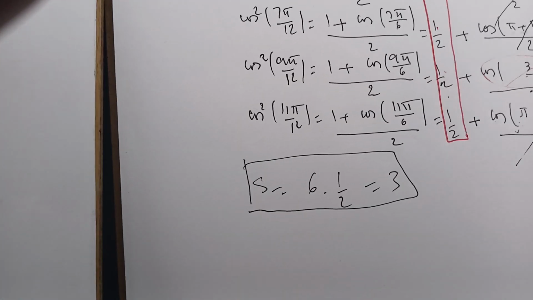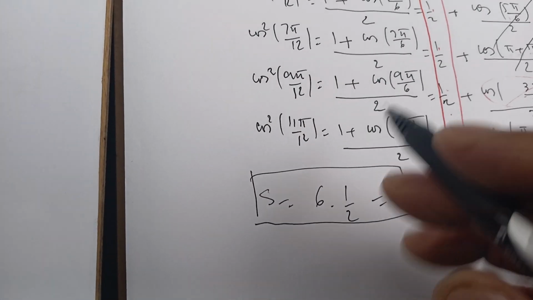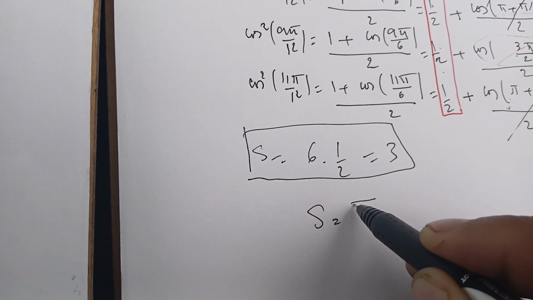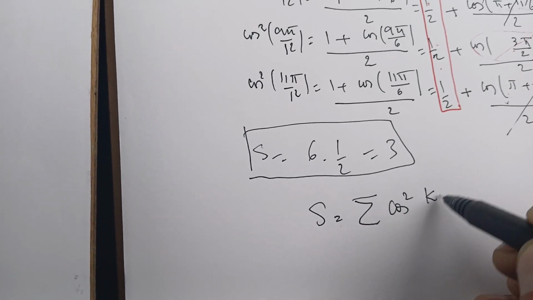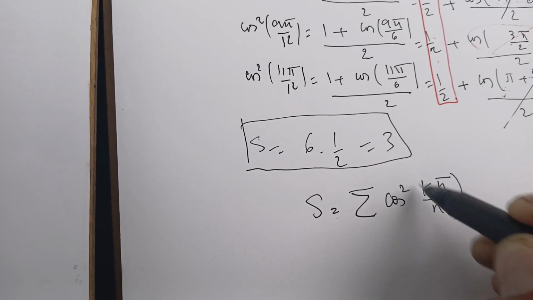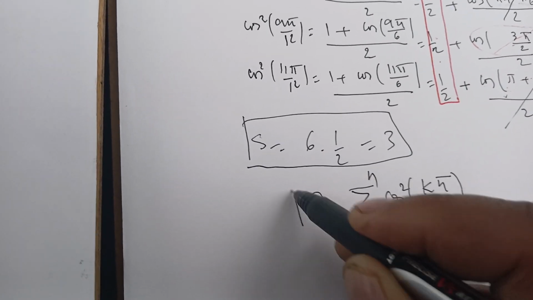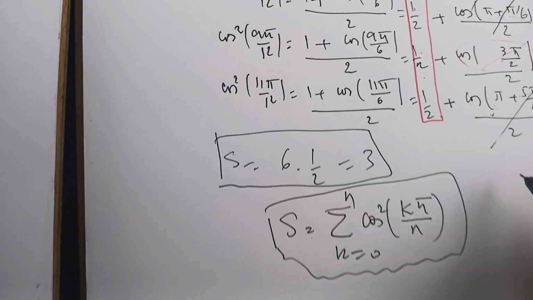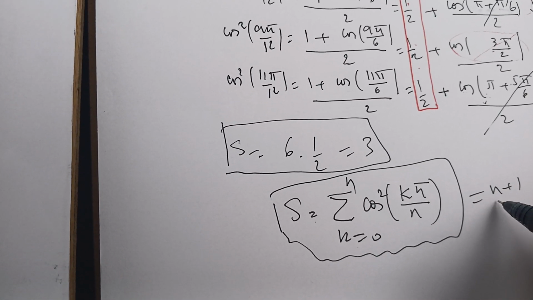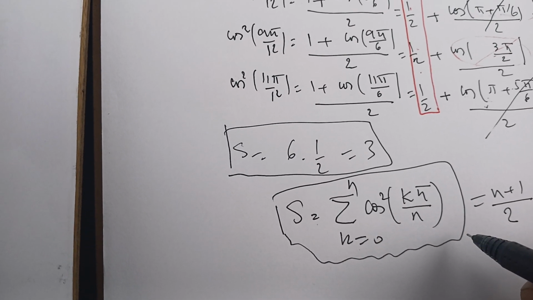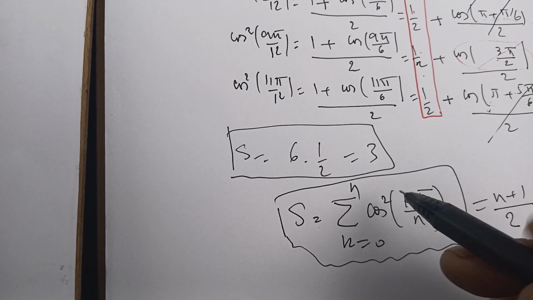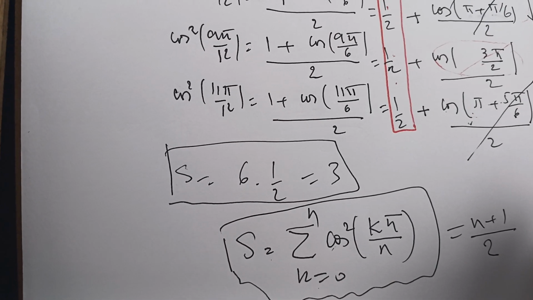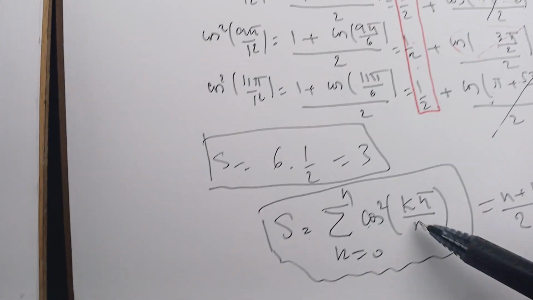In fact, we can prove this formula in general. We're going to do it later. Assume that we have this sum, which we write as the sum of cosine squared of k pi over n, with k from 0 to n. I claim that this is (n plus 1) over 2, or n over 2, assuming from my assumption here; we're going to prove this one later.